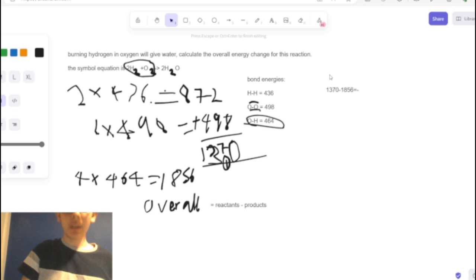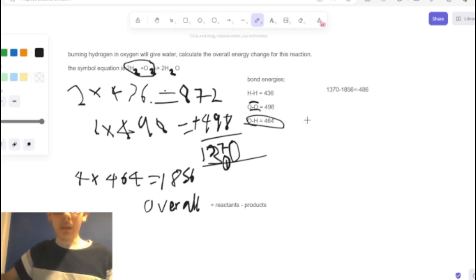So the overall energy change is minus 486 kJ per mole.